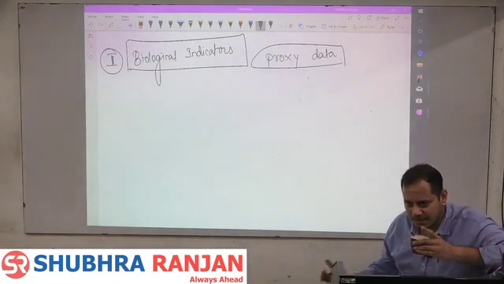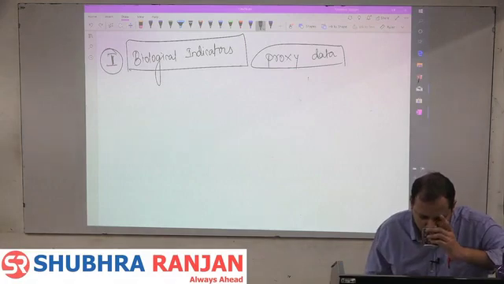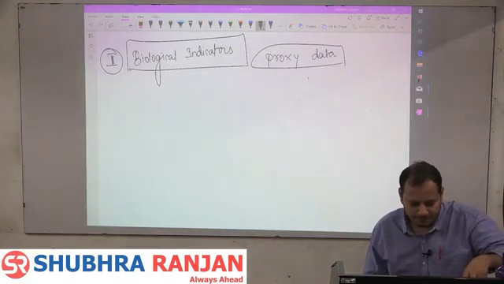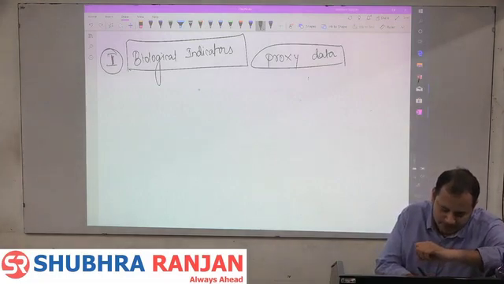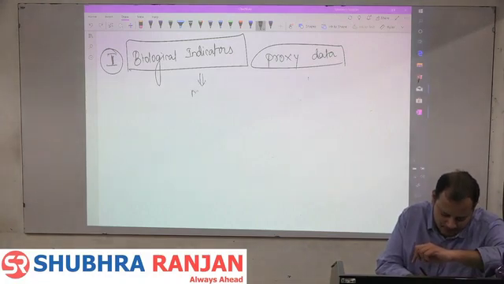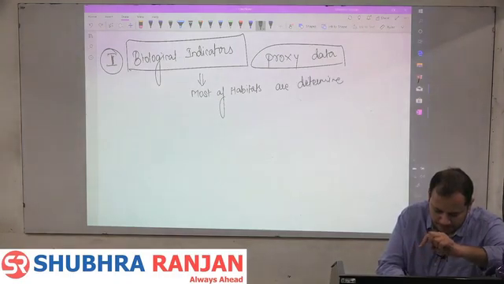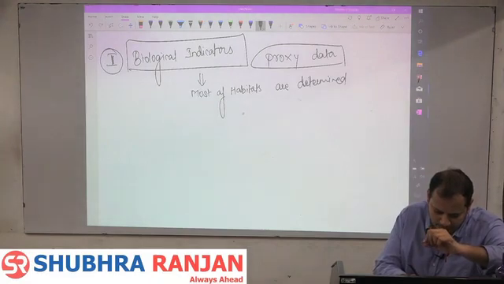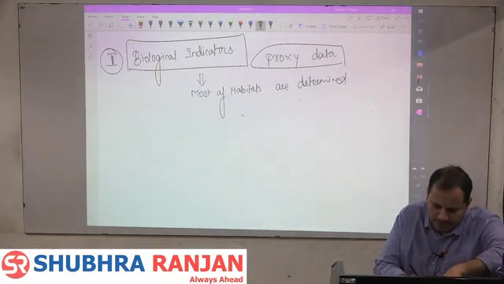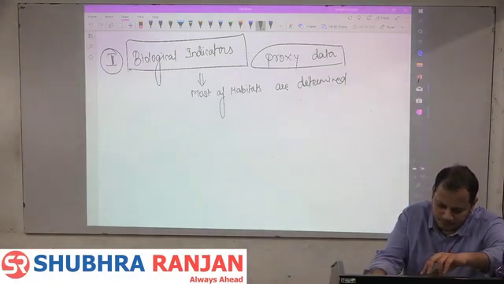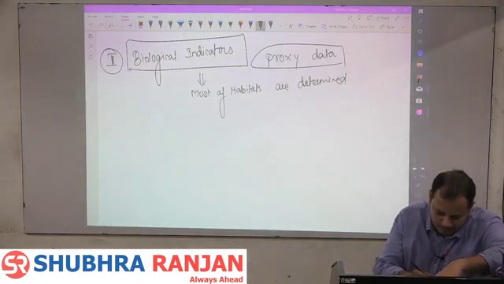Pressure will not be known from this, only temperature and moisture conditions. Full stop. Because most of the habitats are determined by temperature and moisture.